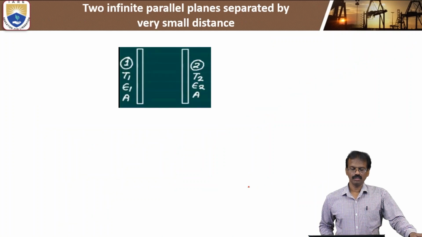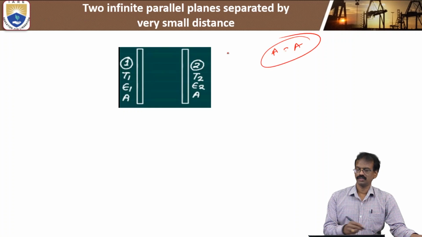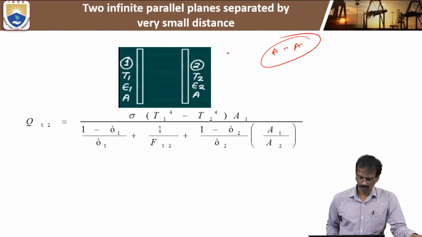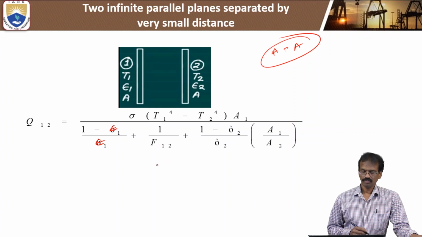Next we will see two infinite parallel planes. Infinite parallel planes means you can consider both the areas to be equal. This is the condition. Here also you can take the same formula: 1 minus epsilon 1 by epsilon 1, 1 by F12, 1 minus epsilon 2 by epsilon 2 A1 by A2.